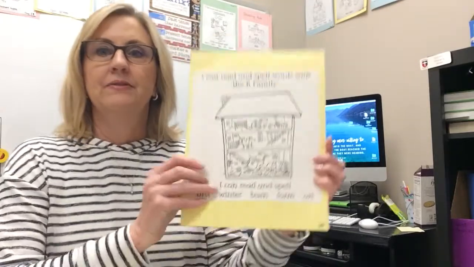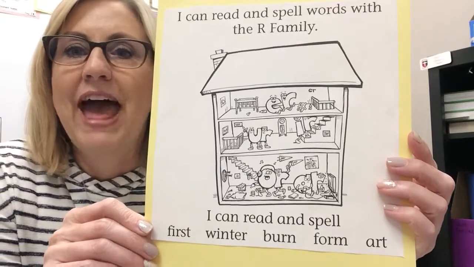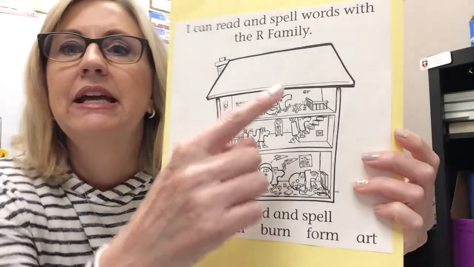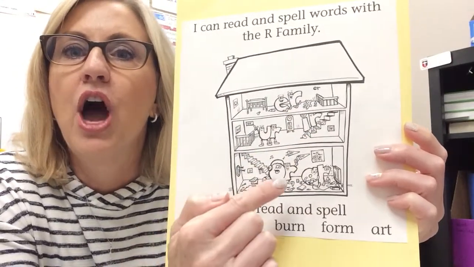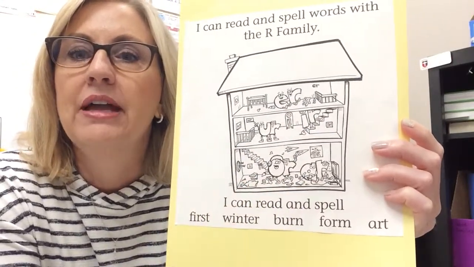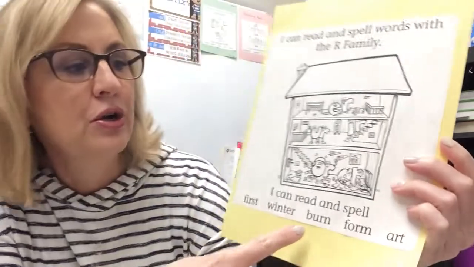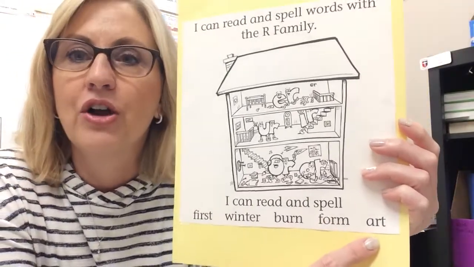Okay, let's start reviewing the R family. You'll remember this poster. We talked about the happy R family and how there's 5 members in the family: ER, UR, IR, OR, and AR. They help us read words like first, winter, burn, form, and art.